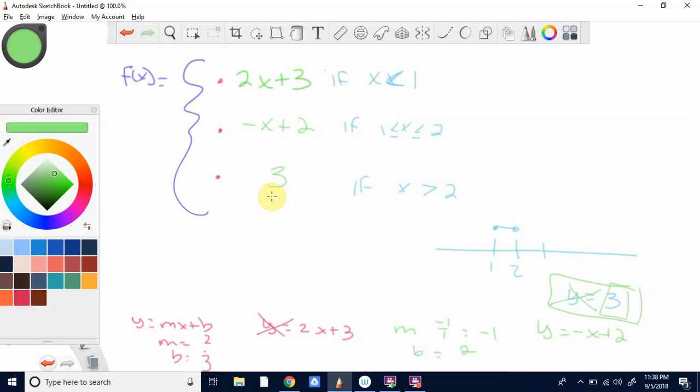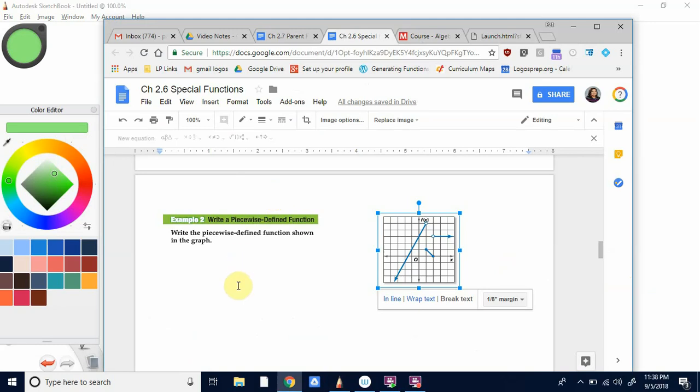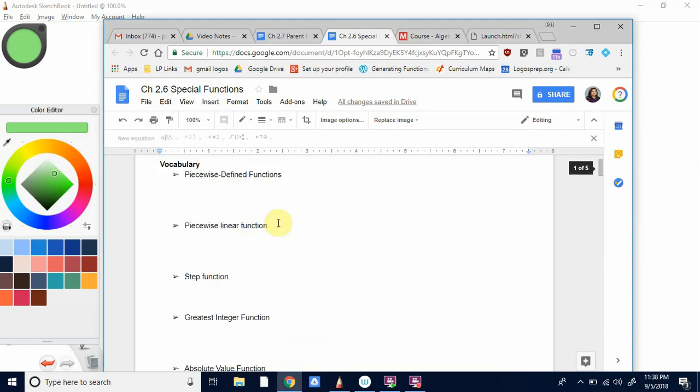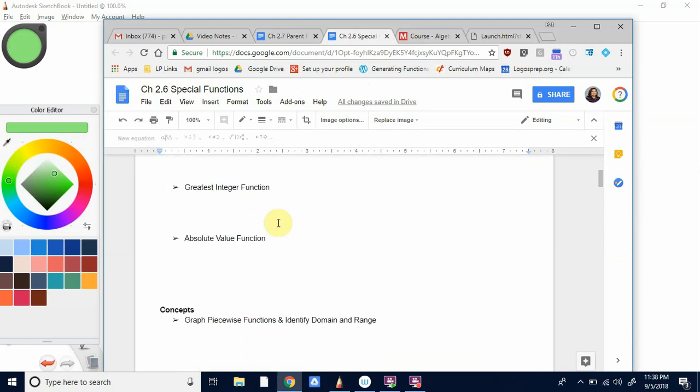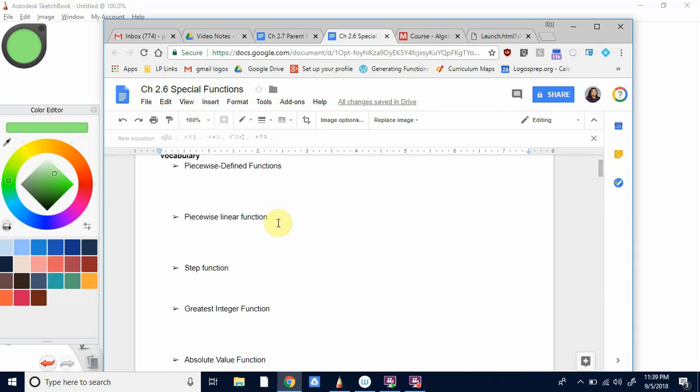All right, we're back and we're looking at number 5. So we're going to go back to our vocabulary, and we have to know what a piecewise linear function and a step function are. A piecewise linear function contains more than a single expression. An example of one is called a step function.